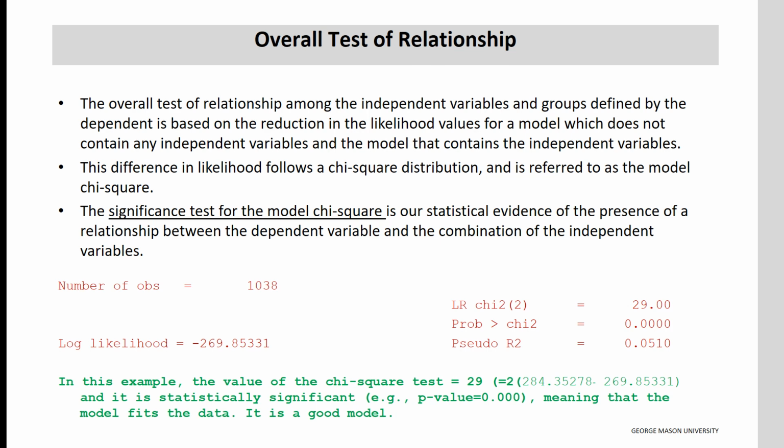The significance test for the model chi-square is our statistical evidence of the presence of a relationship between the dependent variable and the combination of the independent variables. In this example that we saw a little earlier, the value of the chi-square test is 29, and it is statistically significant, which means that the model fits the data. So this is a good model.